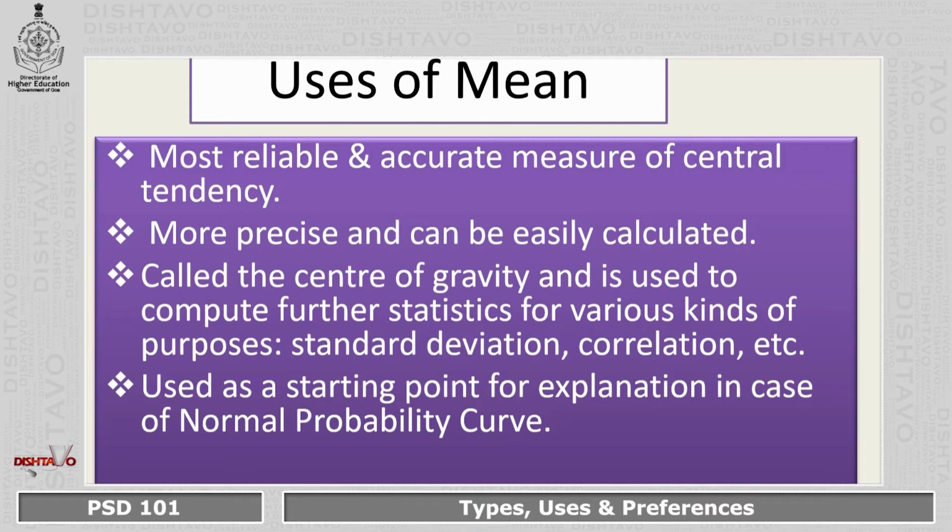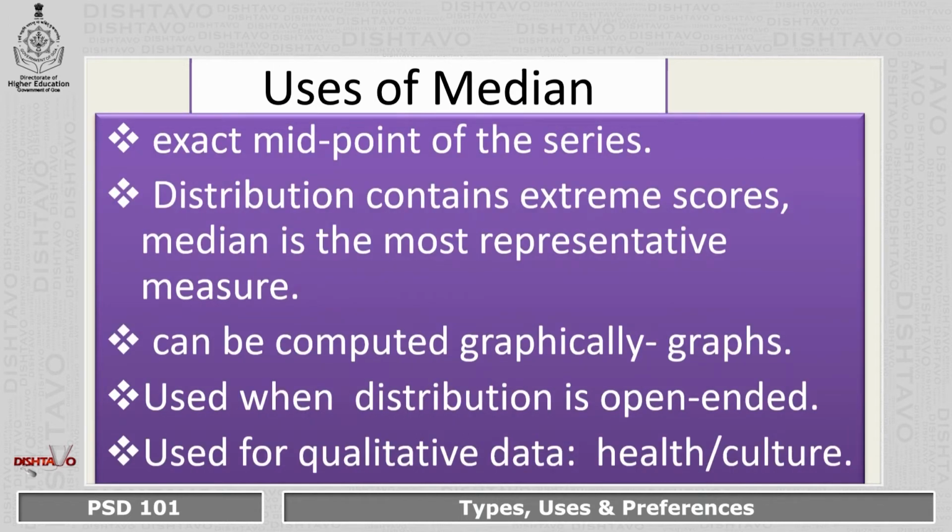In fact, mean is also called the center of gravity, and it is used in computation of further statistics at a very high level like standard deviation, correlation, analysis of variance, etc. And also, when we are dealing with the normal probability curve, mean is used as a starting point for an explanation.